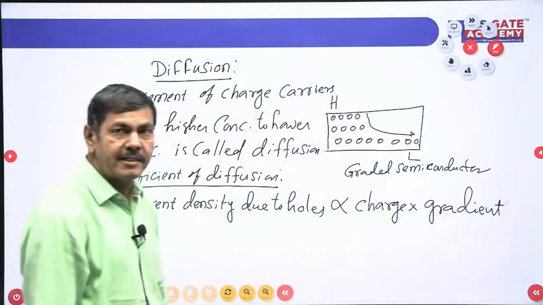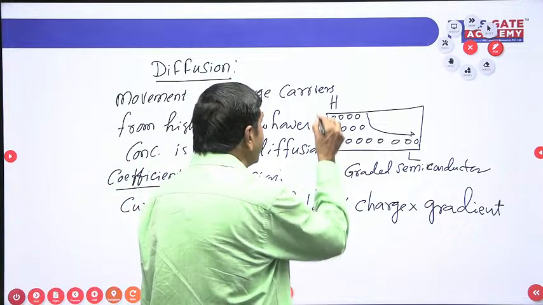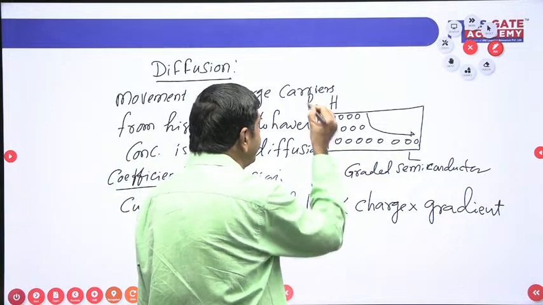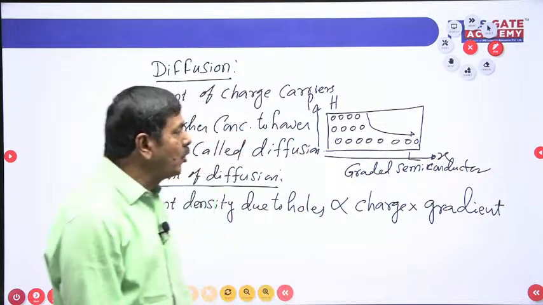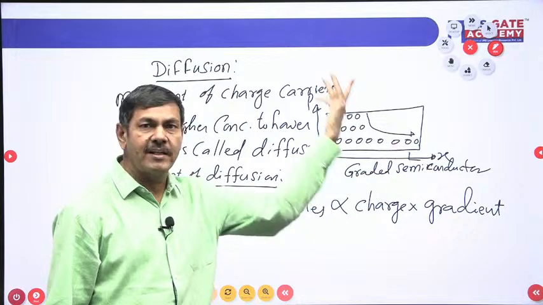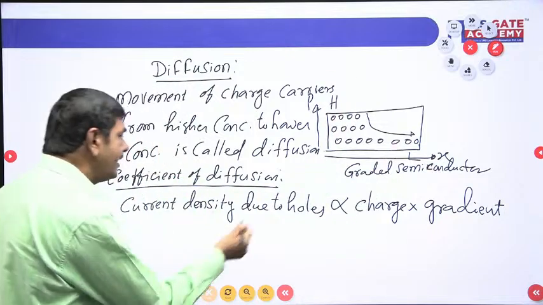But on the y-axis side, we are finding the concentration P. It is moving some distance on this side, x. Slope is nothing but dP by dx.